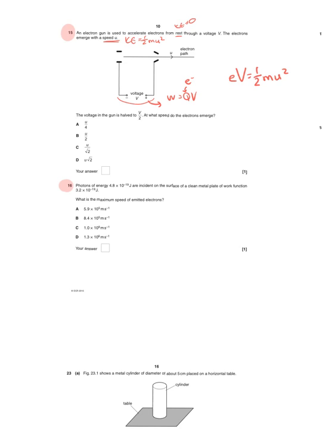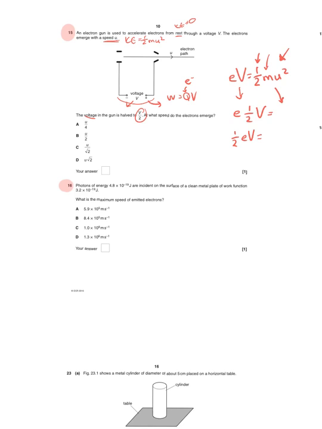But then it says the voltage in the gun is halved. So this voltage halves now. So this is the original expression. Now we need to make sure that this expression remains when we add our fractions in there. So now the voltage is halved, which means if I write it in a nicer way, it will be like this on this side. And also, how will this affect the velocity now? I know that I can't change a constant number. I can't change half.